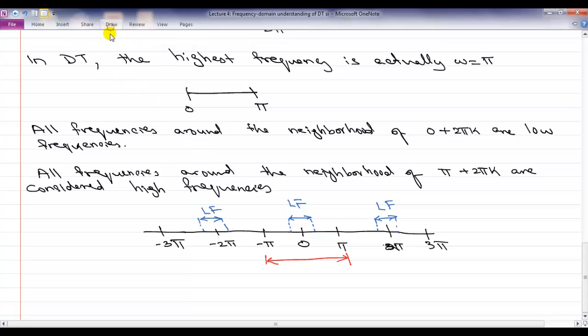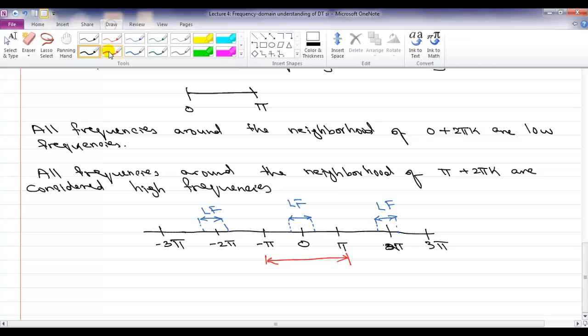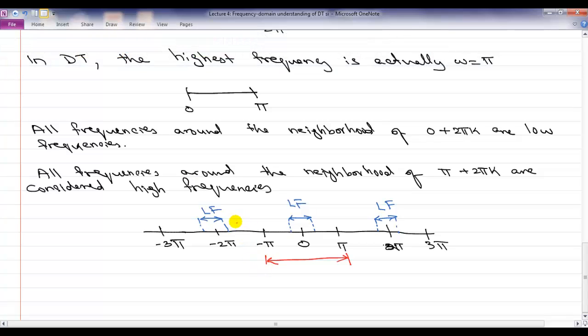And frequencies which are around the region of pi, okay, they are high frequencies. And again, any multiples of pi. So that's one of the key differences that you will see again and again when we talk about discrete time frequencies.